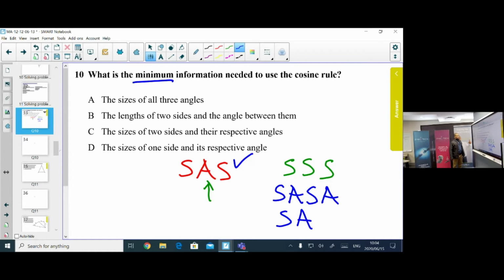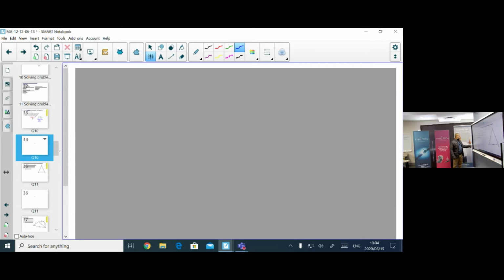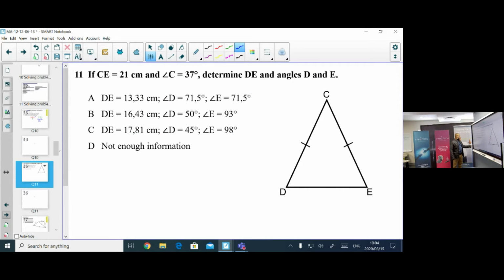So that kind of reminds you of what we were doing. Let's look at the question I left as homework for you. If CE is 21, where is CE? Right here on the side. That's 21 centimeters, which tells us straight away that because this is an isosceles triangle, the side CD is also 21 centimeters. And we are told that angle C is 37 degrees.